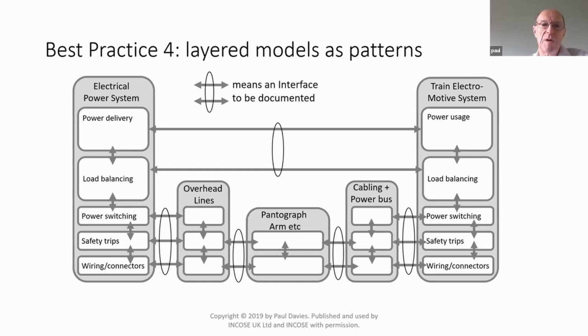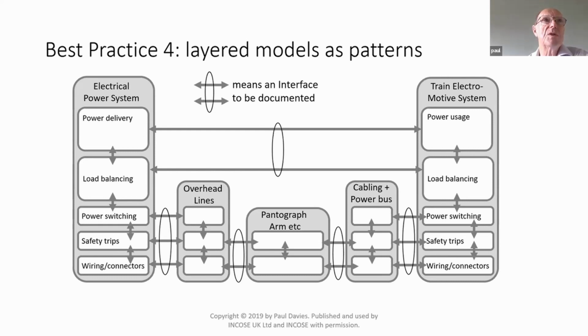So for our pantograph example, we can say, actually, at the very top level, what we want to be able to do without necessarily specifying the details is consider only the power demand versus power supply. And perhaps think about load balancing at the same time. So at the top level, we would only put that in our top level interface specification.